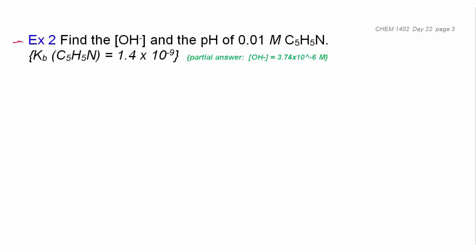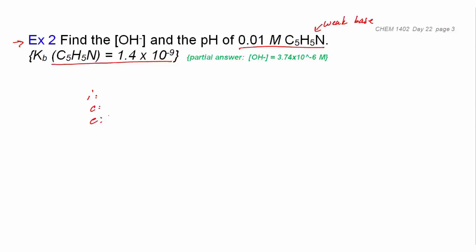Let's try to find the pH and the hydroxide concentration of 0.01 molar pyridine. This is from the table. Since this is a weak base and we want to know an equilibrium concentration, the hydroxide, we have to do ICE. But you do ICE for a chemical equation. What's the chemical equation?